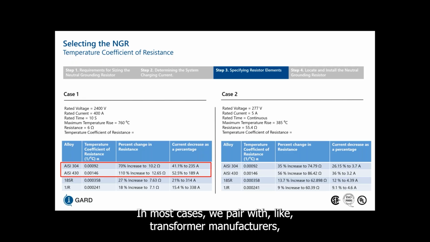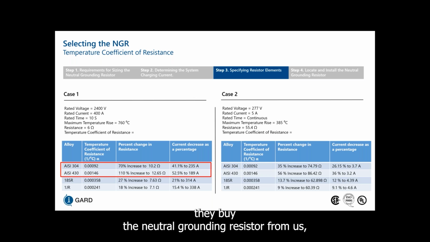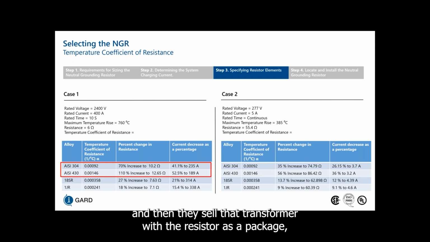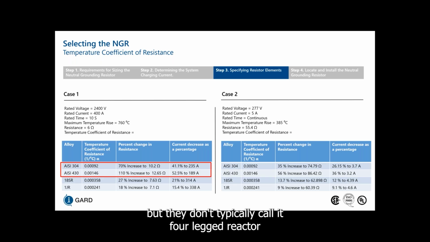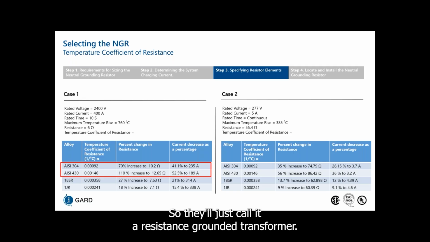In most cases, we pair with transformer manufacturers and they buy the neutral grounding resistor from us and then sell that transformer with the resistor as a package, but they don't typically call it a four-legged reactor in our case because it's not 4 inductances, it's actually 3 inductances with a resistor. So they'll just call it a resistance grounded transformer. That's what we would call it, at least.